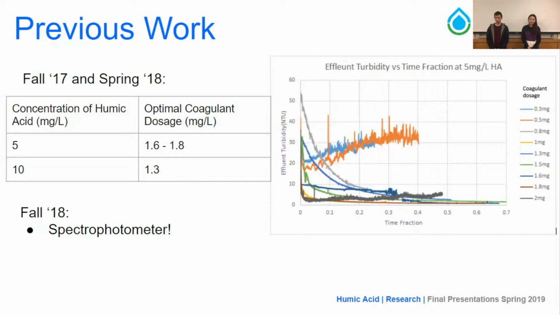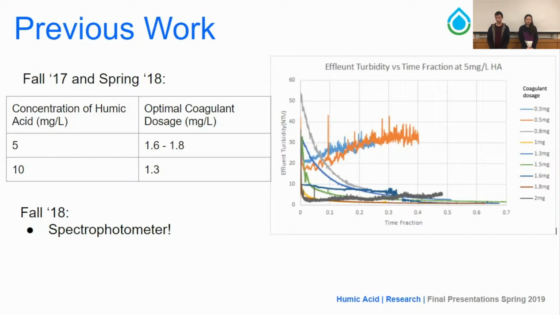What they found was that for a concentration of humic acid of 5 milligrams per liter, the optimal coagulant dosage is between 1.6 and 1.8 milligrams per liter. And for 10 milligrams per liter of humic acid, the optimal coagulant dosage is 1.3.